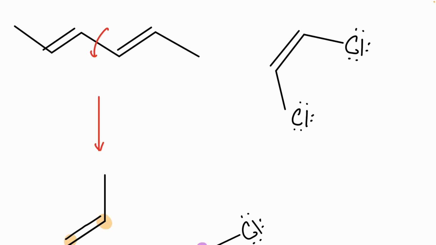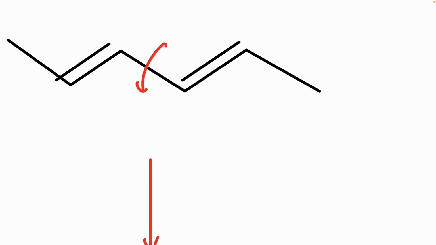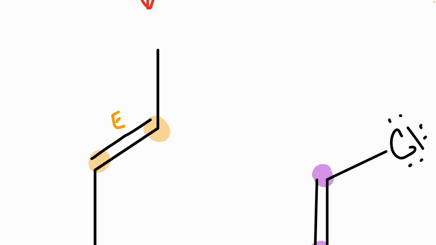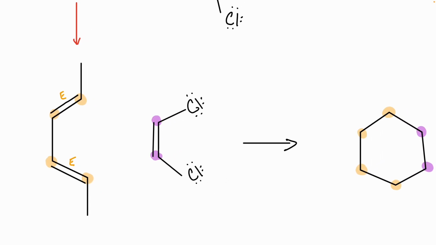The other double check is I'm allowed to rotate about this single bond, but you can't rotate about a double bond. So the stereochemistry that I see in my double bonds above has to match what it is below. If I apply my rules for stereochemistry, this one's an E, and this one's an E. Well, that has to be preserved down here as well. I can't flip about that double bond. I'm just rotating about the single bond.